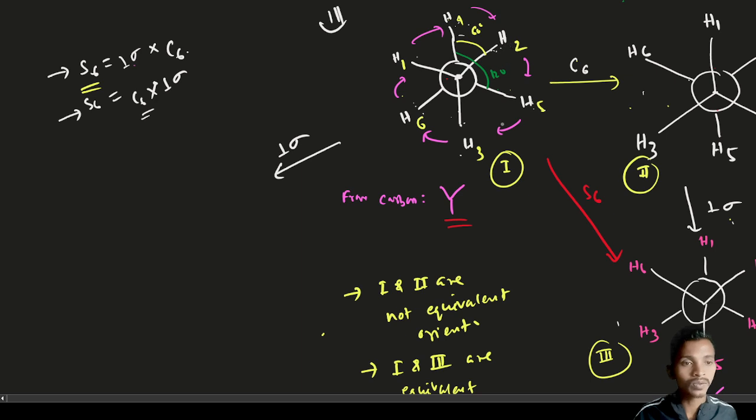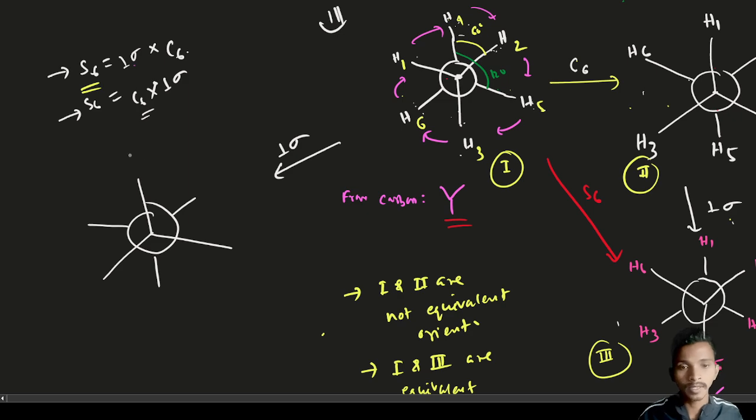So this is H1, H2, H3, so this will go to the back, and whatever is in the front will come to the back. This circle will come to the front, and whatever is in the circle at the back will go to the front, like this.